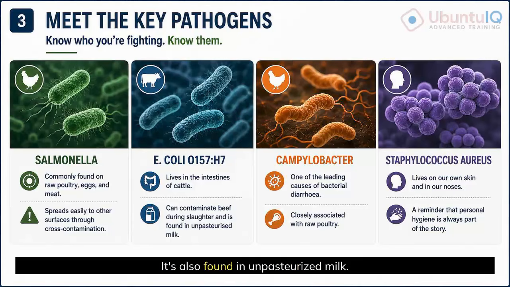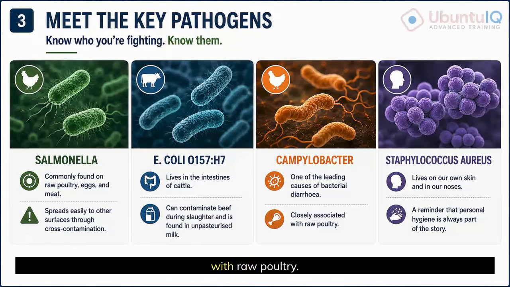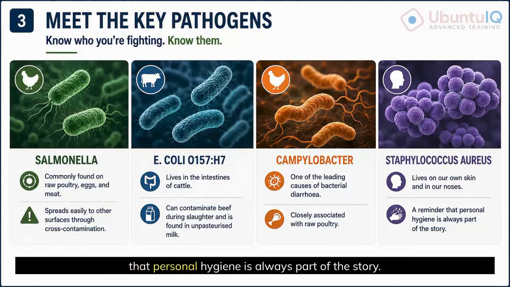It's also found in unpasteurized milk. Campylobacter is one of the leading causes of bacterial diarrhea and is closely associated with raw poultry. And then there's Staphylococcus aureus, which lives on our own skin and in our noses, a reminder that personal hygiene is always part of the story.